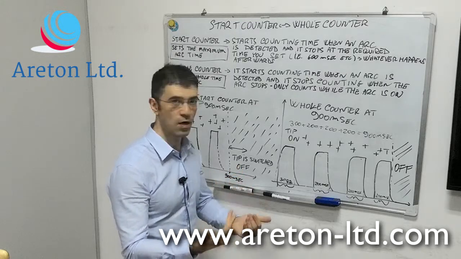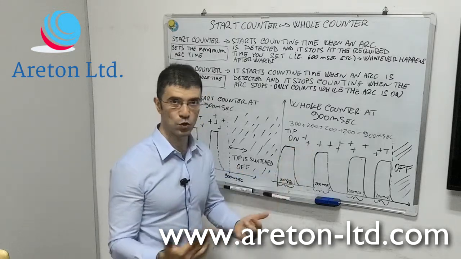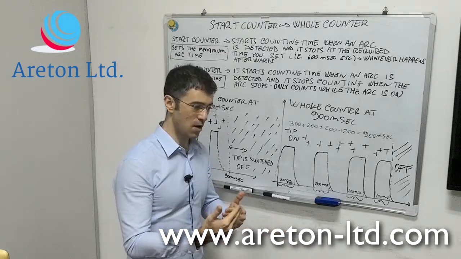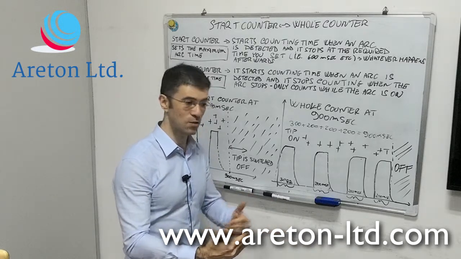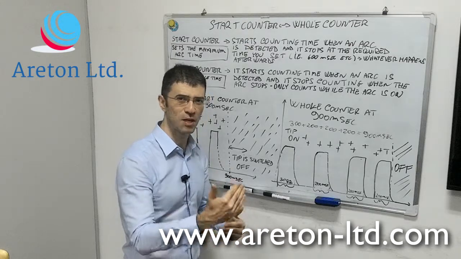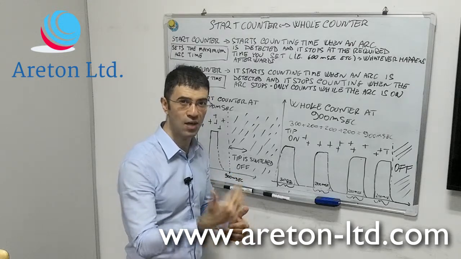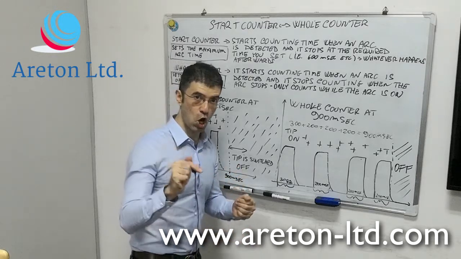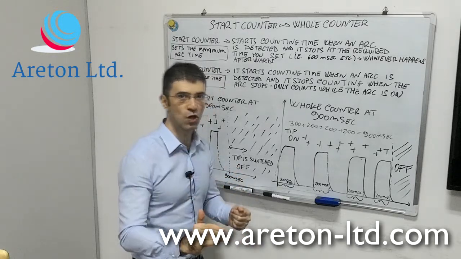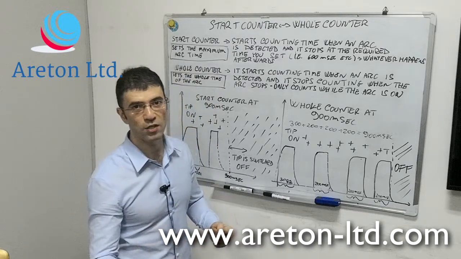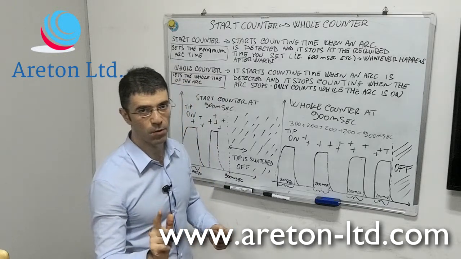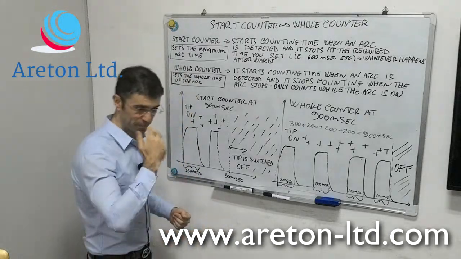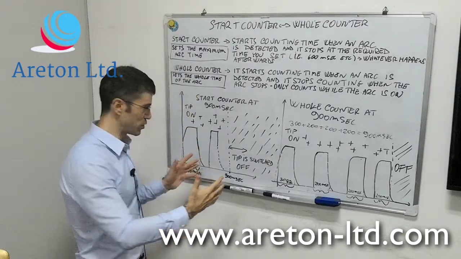Say, for example, in the example that we're going to show you, 900 milliseconds, it will count a total duration of 900 milliseconds. Until that 900 milliseconds of arcing time is achieved, it will keep the tip of the device on, and it will switch it off when the total duration is reached. Very important that.